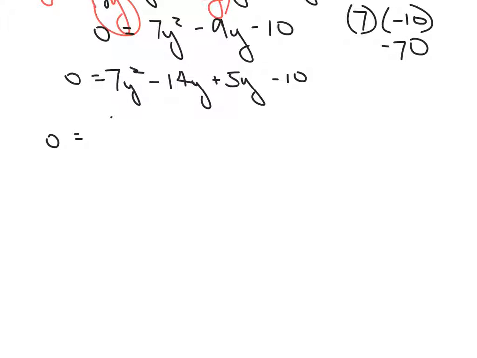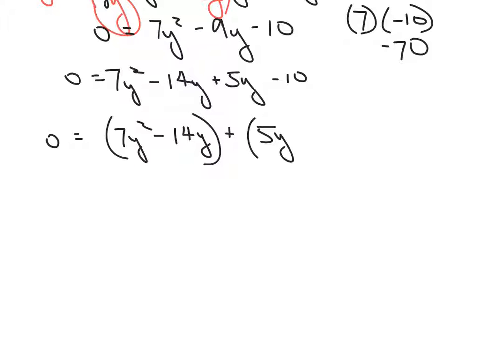So I'm going to group these two, and it wouldn't matter if you put the 5 in front of the 14, but I guarantee it just makes things simpler. It just makes it so you have fewer opportunities for mistakes, because this then would be a negative, and then you have to change the signs of everything in the parentheses.